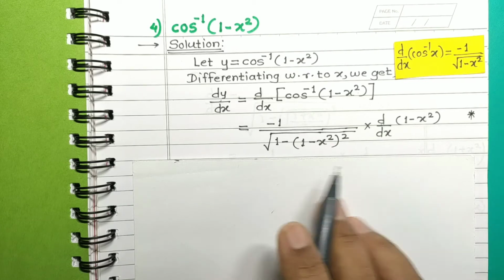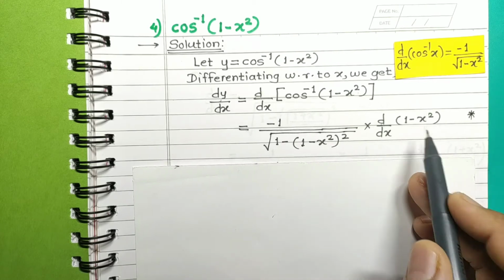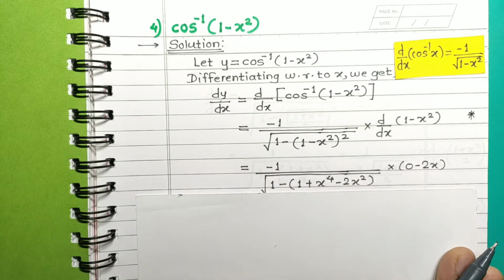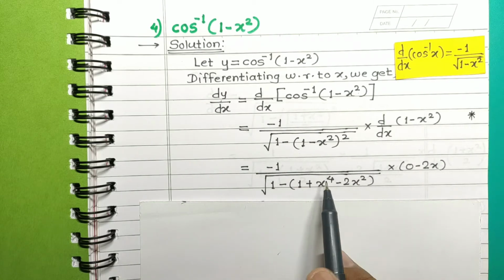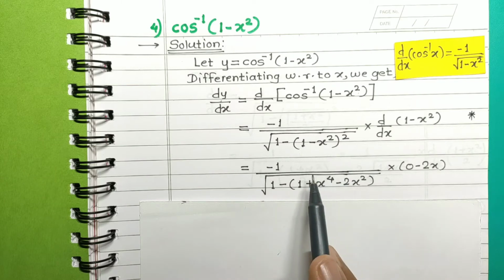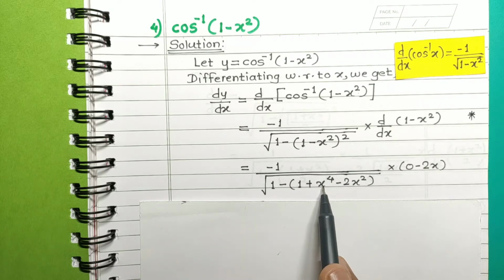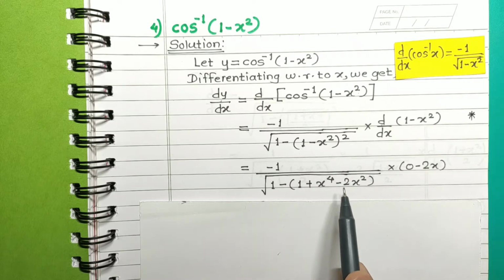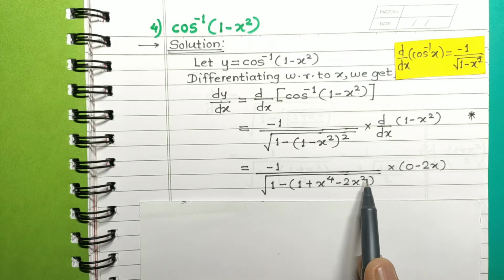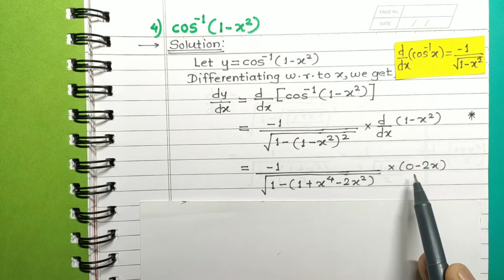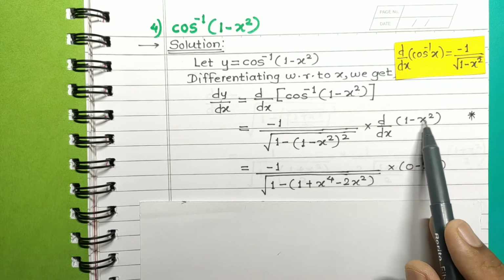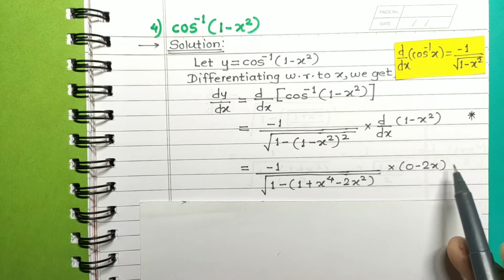So let's simplify and write down this derivative. So we have minus 1 upon square root of 1 minus, expanding this bracket, we have 1 plus x square, square is x raised to 4 minus 2 into x square into 1 is constant, so its derivative is 0, and derivative of minus x square is minus 2x.